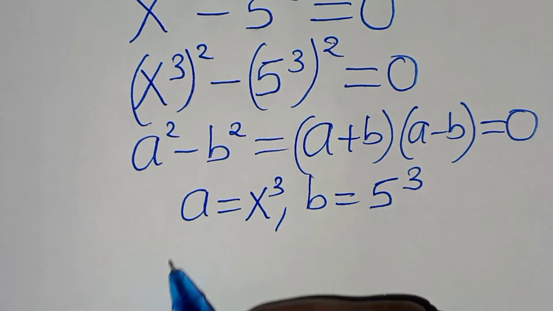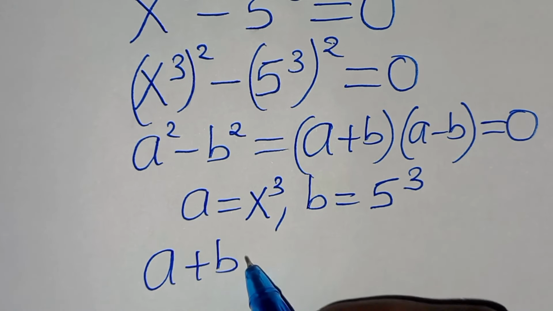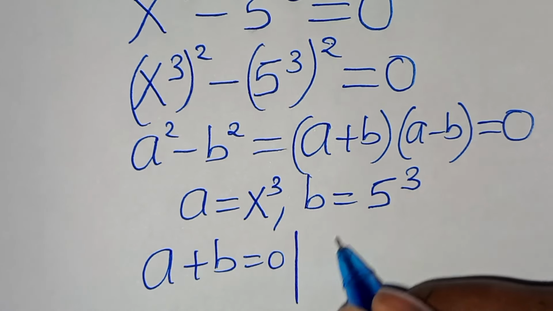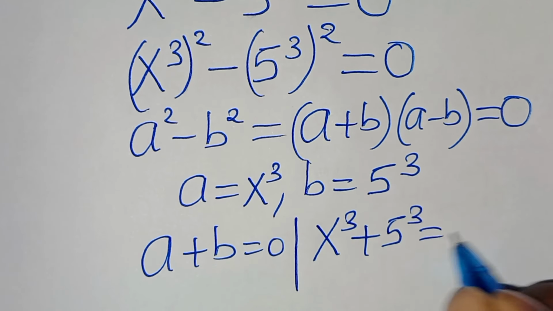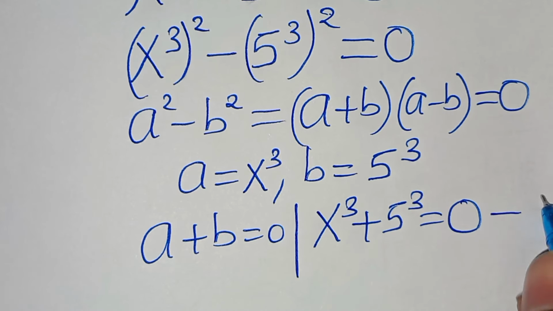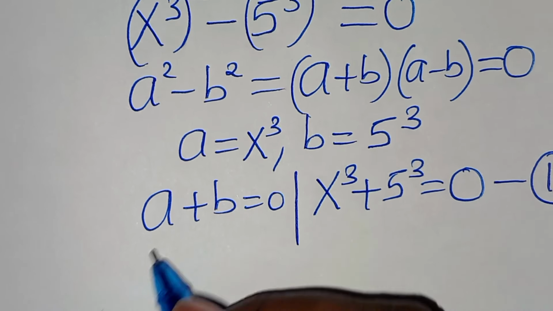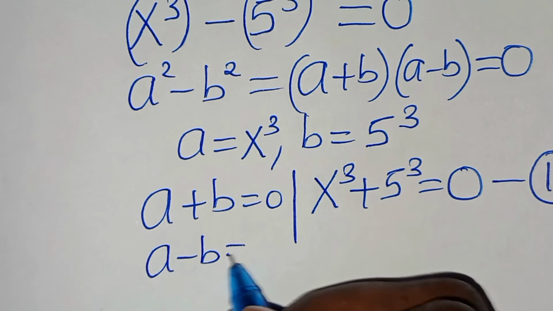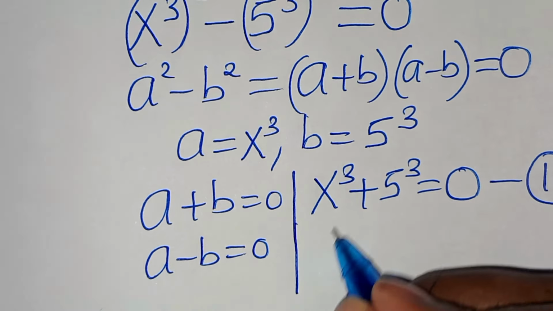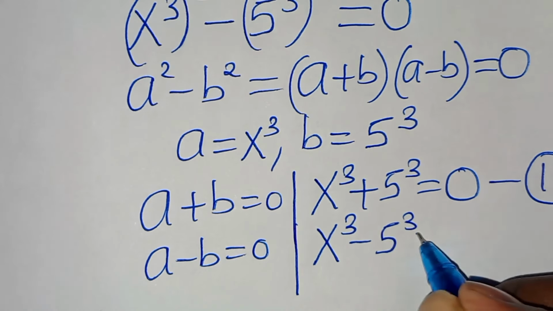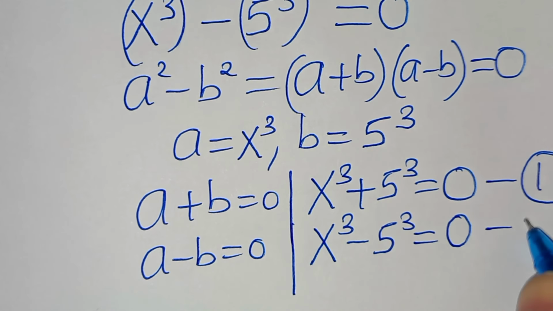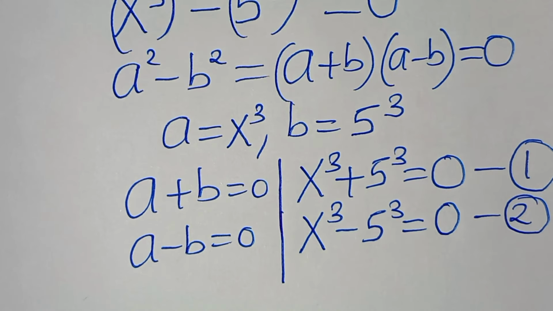So a plus b equal to 0 is the same as x to the power of 3 plus 5 to the power of 3 equal to 0. Let's call this equation 1. And a minus b equal to 0 is the same as x to the power of 3 subtract 5 to the power of 3 equal to 0. Let's call this equation 2.